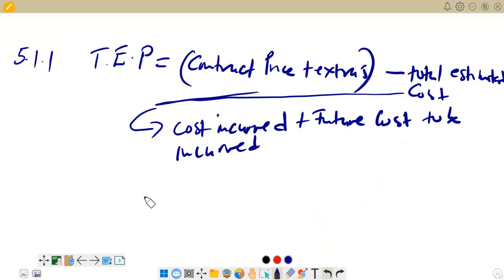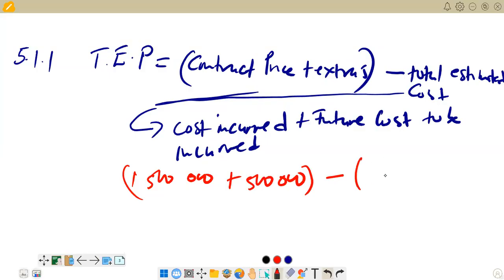We come back to our formula now. Our contract price, remember, is 1,500,000. Then we add our extras, which, remember, is 500,000, and this is in brackets. Then we subtract the total estimated cost, whereby we say cost incurred plus future cost to be incurred.